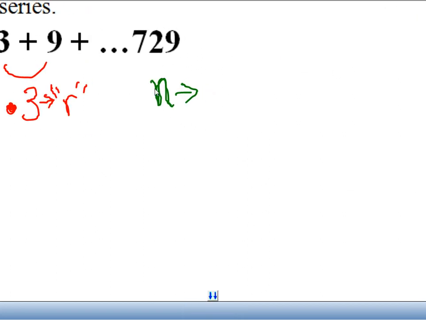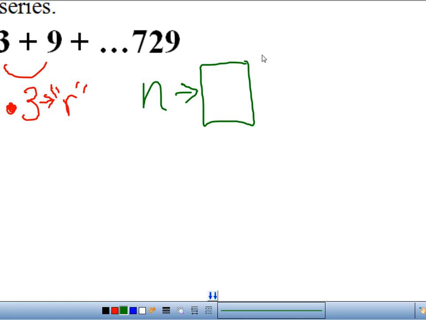To find the number of terms, that's what we need here. We need to use the explicit form, which is f of n equals a times r to the n minus 1.